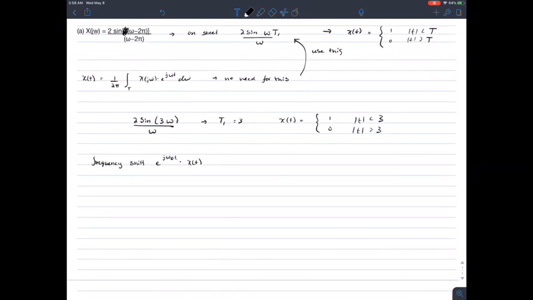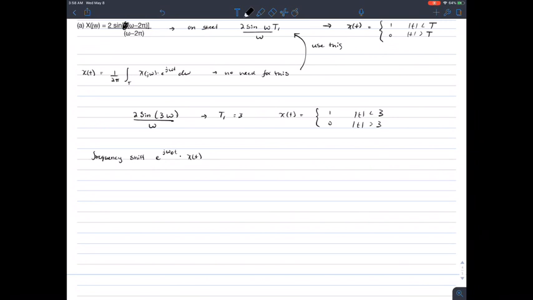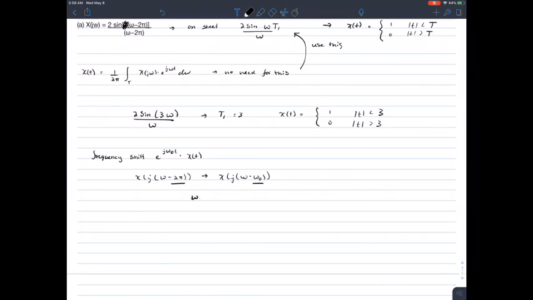So right now, x of j omega minus 2 pi and x of j omega minus omega naught. So obviously you can tell that omega naught is equal to 2 pi. Okay?